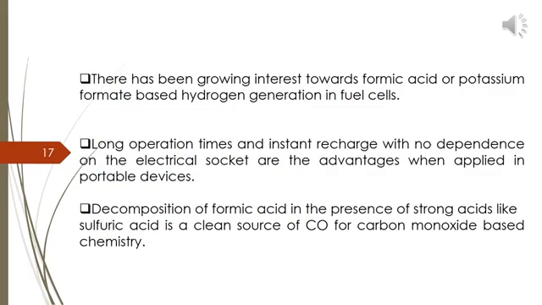If we need carbon monoxide, we can decompose formic acid in the presence of strong acids like sulfuric acid and produce carbon monoxide from there, which is further used in chemistry. So formic acid is a source of carbon monoxide, as well as a source of hydrogen.